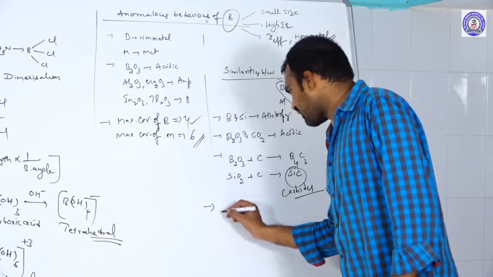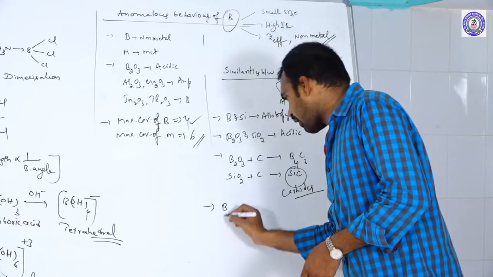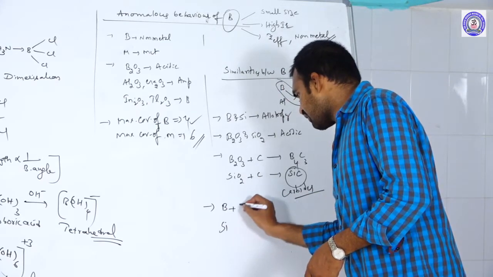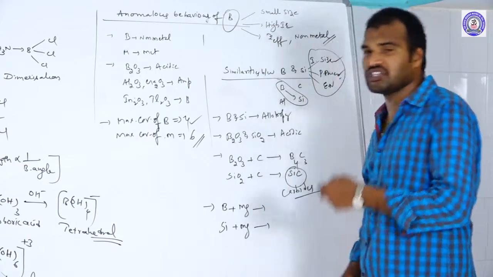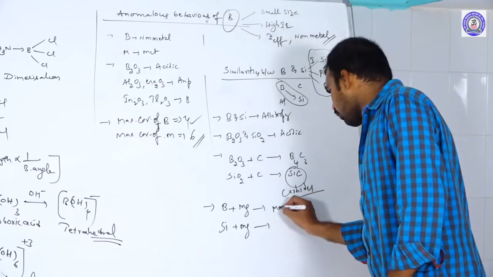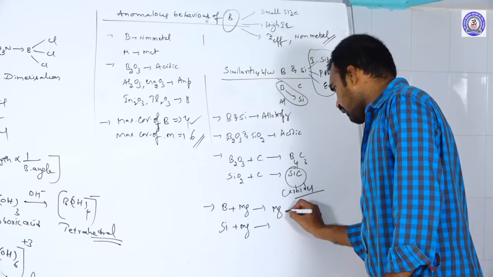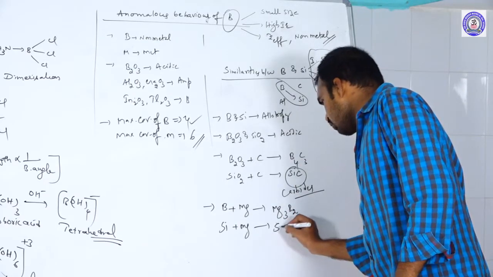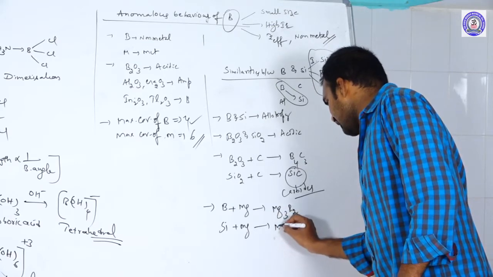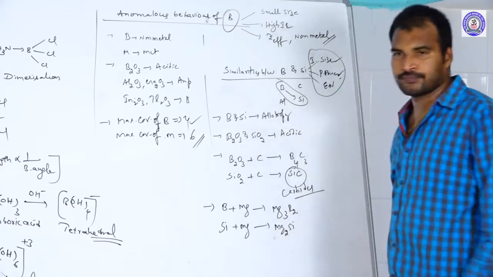Next, one more similarity is that when boron or silicon react with magnesium, boron forms borides, Mg3B2, and silicon also forms silicides, Mg2Si.